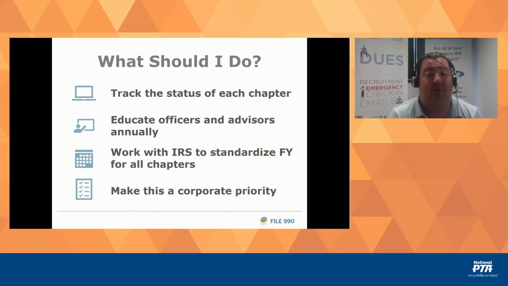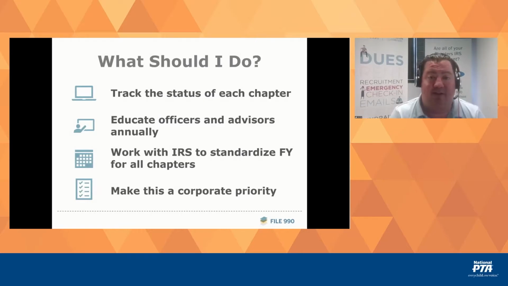So our advice for you as a state officer, if you are new to this or if you are examining the tax situation of your local chapters, what are some easy things you can do to get started? The first is to track the status of all of your chapters.